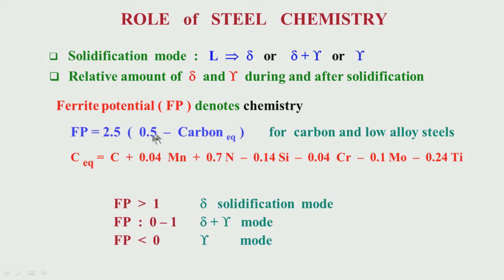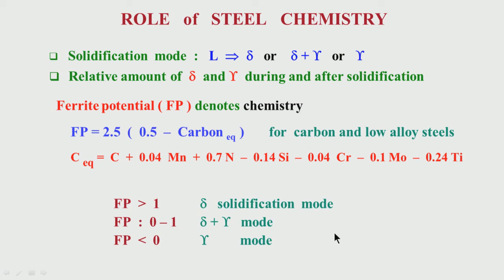What does it indicate? 0.5 minus 0.5 is basically 0. If it is more than 0.5, say 0.6, then 0.5 minus 0.6 is minus 0.1. So, when carbon equivalent is more than 0.5, ferrite potential is negative, and that indicates the austenitic mode of solidification.